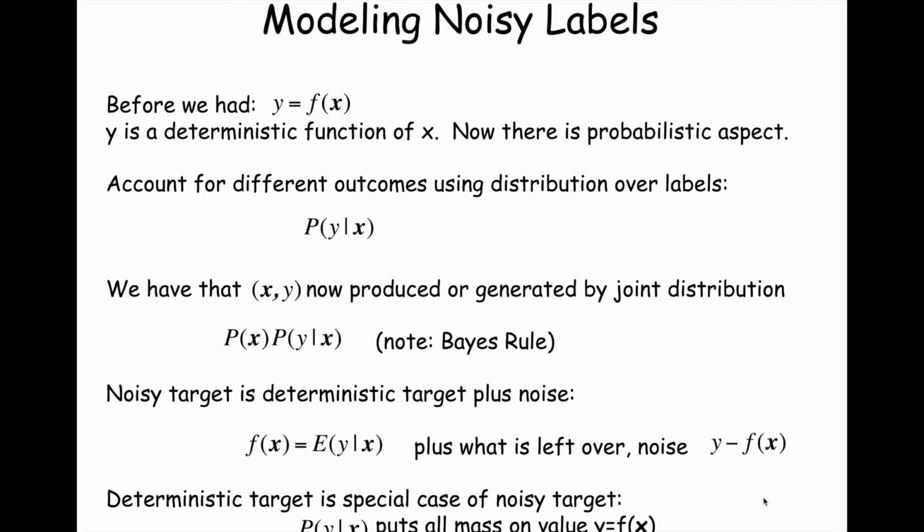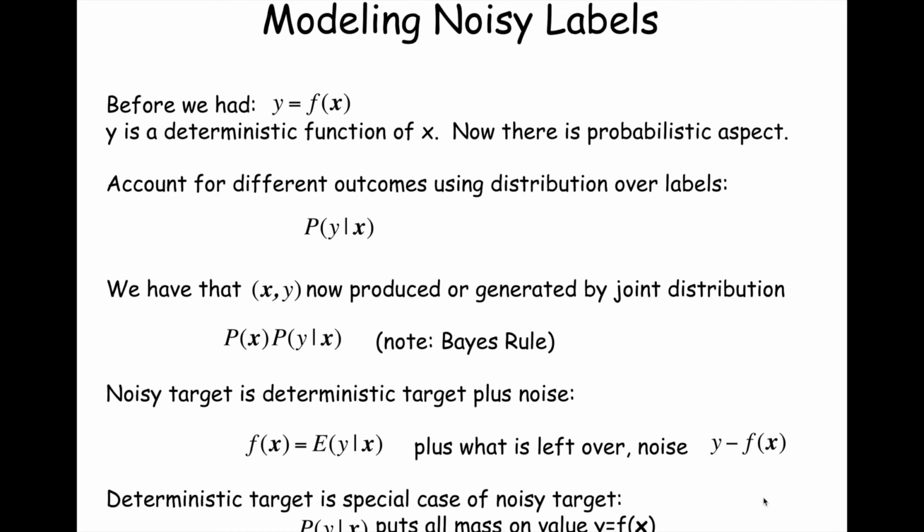You can think of those label instance pairs as being generated by a joint distribution, but there are two influences on that joint distribution. There's the p of x influence, which is the probability that determines the feature vector value. And then for that feature vector value, there's the labeling distribution, which is conditional.